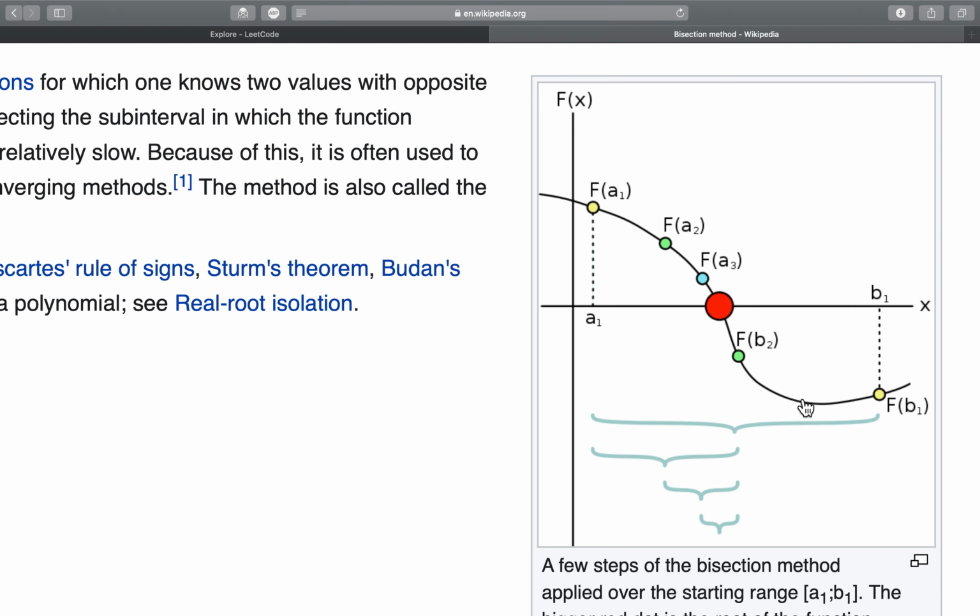So we should decrease our search upper bound to 6, because any positive integer greater than 6 cannot be the answer, since we are searching for x squared equals 25, and a number greater than 6 will definitely generate a number greater than 36.